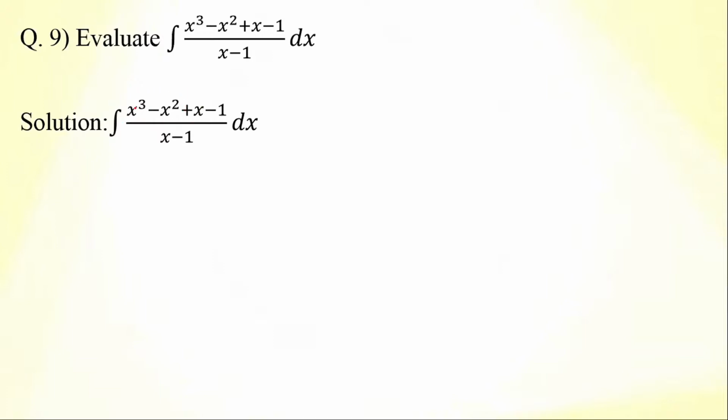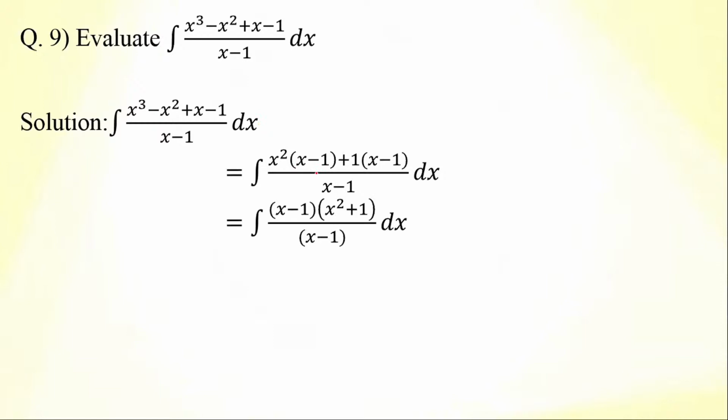You can check out these terms, x cube minus x square, and you can take x square as common. So it will become x minus 1 plus 1, x minus 1, divided by x minus 1. Now you know the next step, and you have converted this not-so-easy question to an easy question.